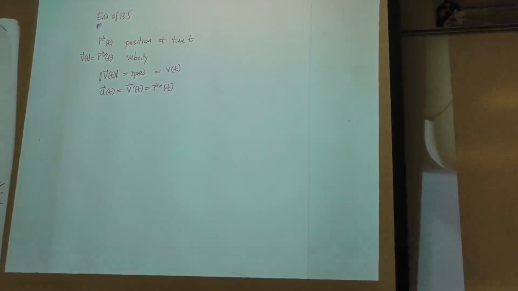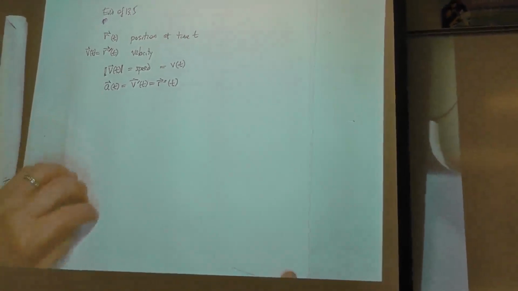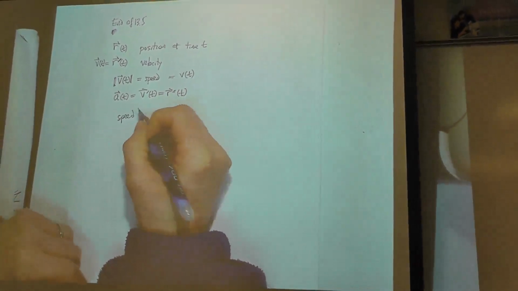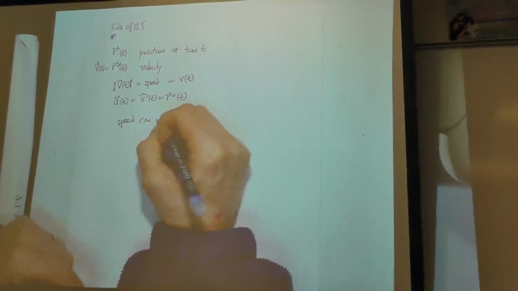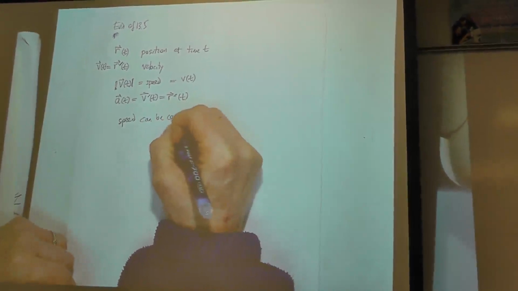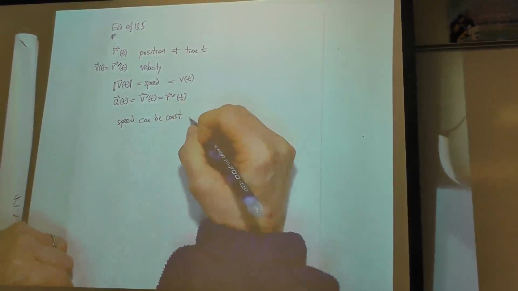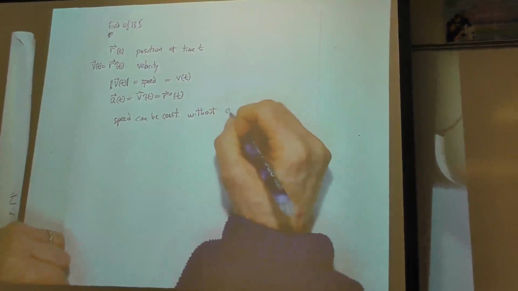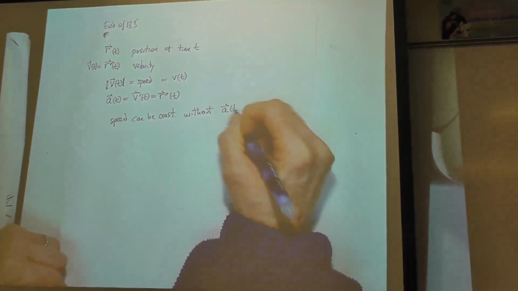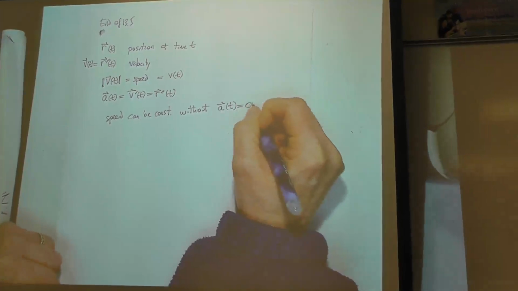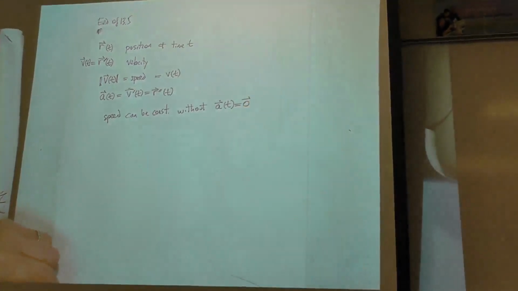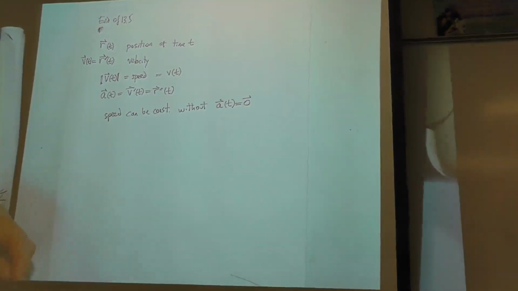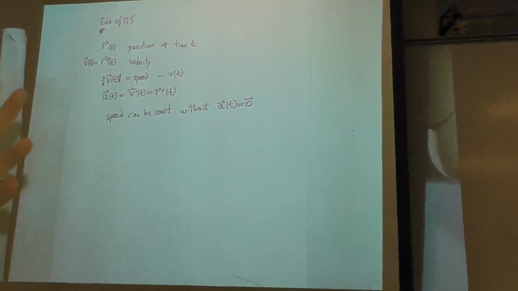All right, you have to keep in mind that speed can be constant without having a zero acceleration. And this is the primary difference between the Calc 1 and 2 and this.